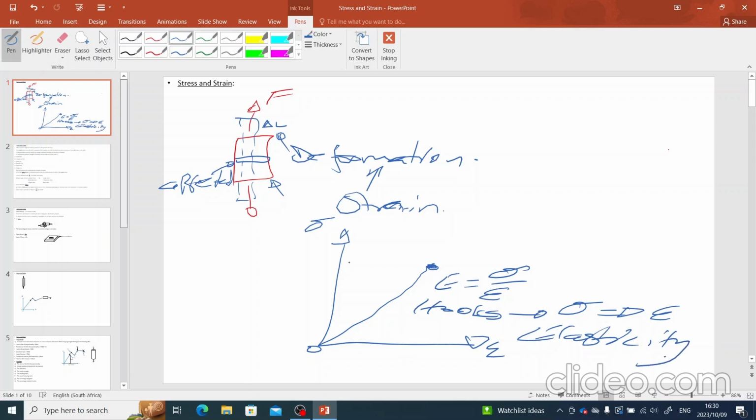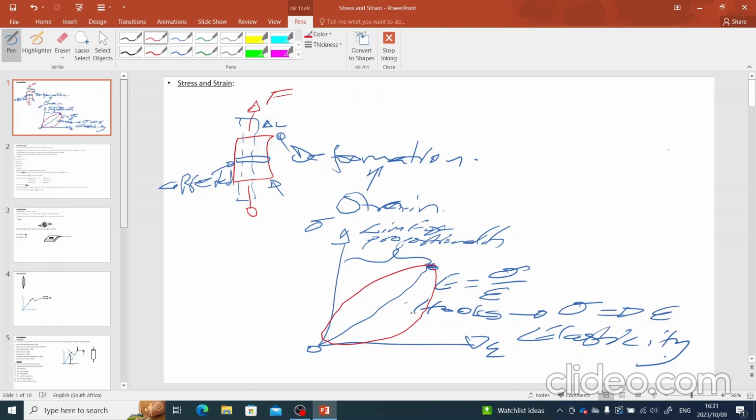Under that region, and that region here, we said it is called the limit of proportionality. Under this region, the material is so tough, it is so strong.